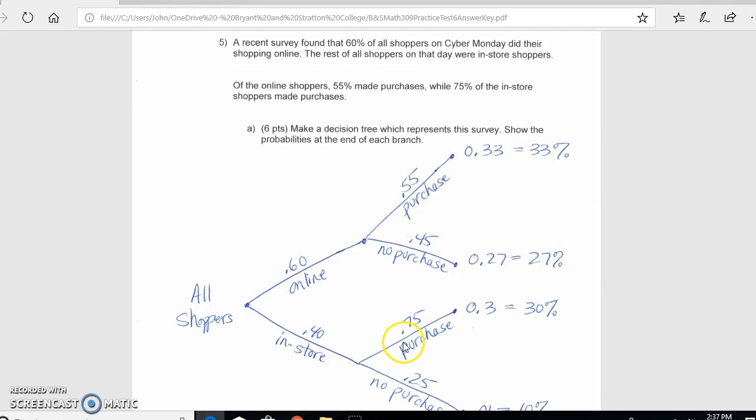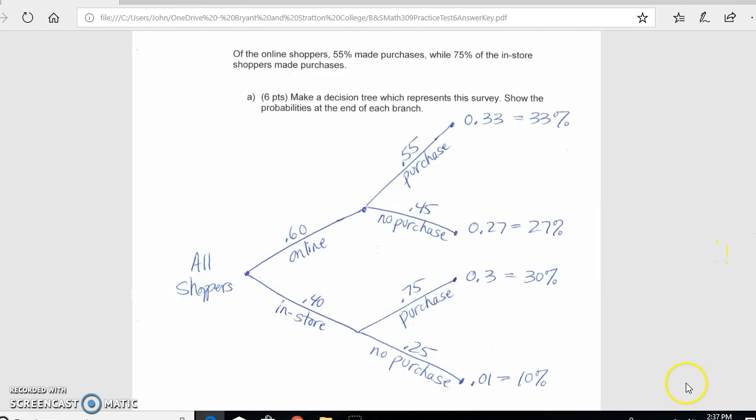And if 75% made purchases, that means that 25% did not make a purchase, and those shoppers are represented here, 0.25, made no purchase.